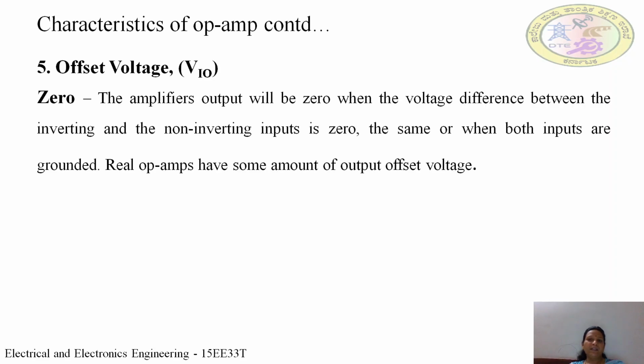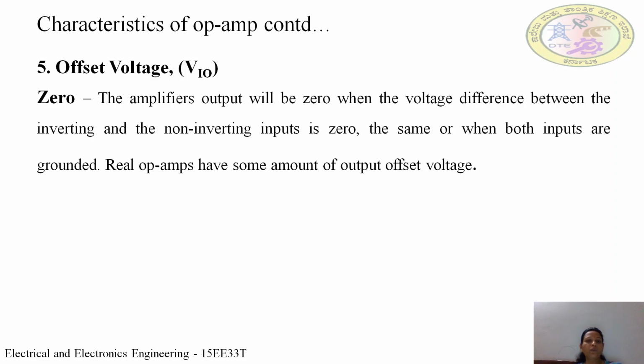Offset voltage: when there is no input at the input of the operational amplifier, or if you are applying 0 volts at the inverting and non-inverting inputs, or if you are applying the same input on both the inputs of the operational amplifier, the output voltage must be 0.